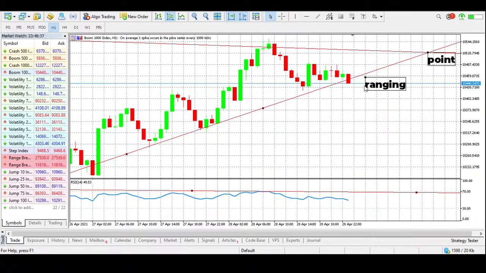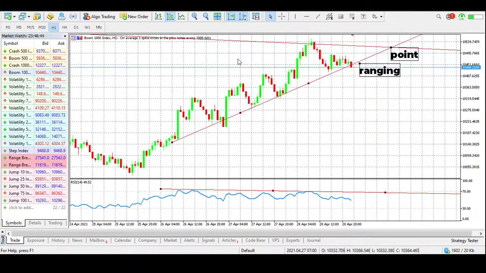When it opens, then we are sure that this line is broken, then we can sell. Exactly, the market has to break out of the triangle, else we cannot confirm. We will be trading by luck.